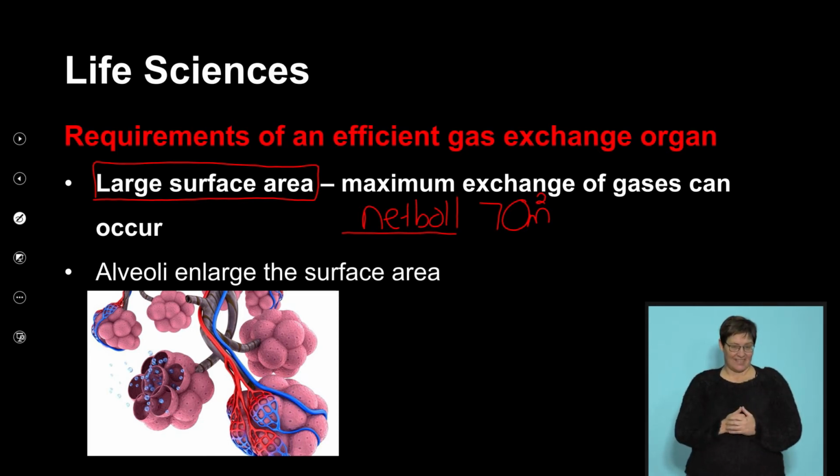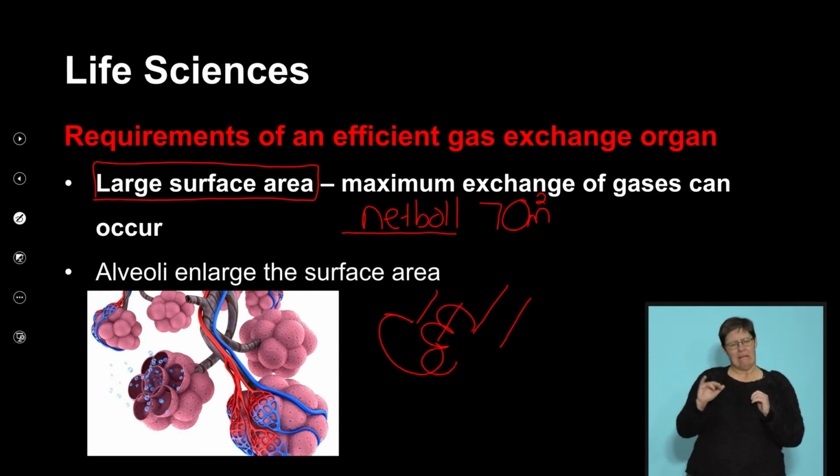And what does that is the alveoli. Instead of just looking at one ball like that, which is one alveolus, we are actually looking at a system made up of millions and millions of alveoli packed together.